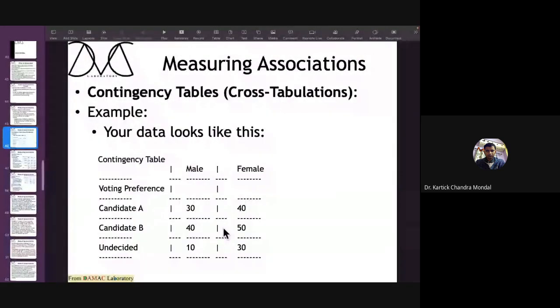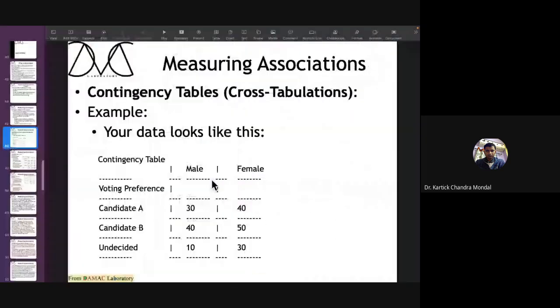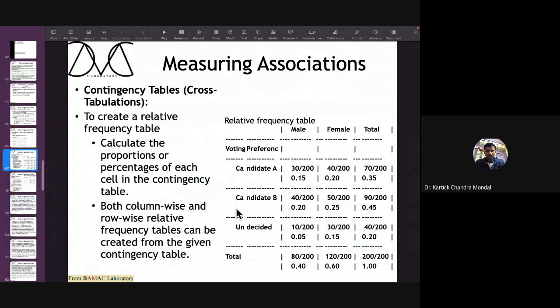Now, going into this contingency table a little bit, this table in this case, I have created. Now you can have this table, and you can create another table that is called a relative frequency table. The relative frequency table calculates the percentage of each cell in the contingency table compared to the other cells in the column or in the row.